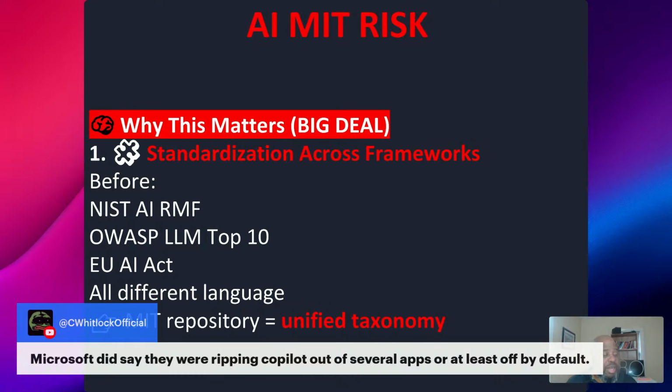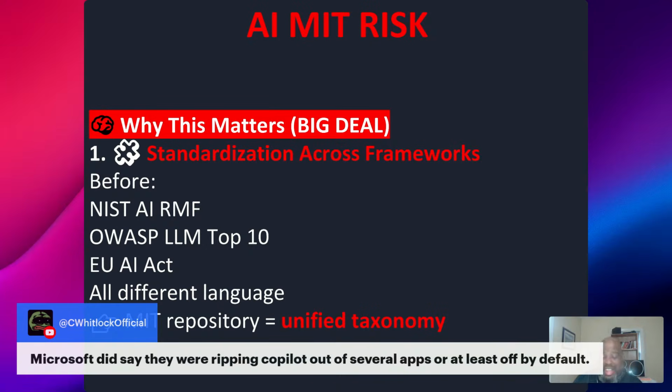Chris Whitlock said Microsoft did say they were ripping Copilot out of several apps, or at least out by default. Yeah, I think a lot of people were pushing to cut it off by default, and I think a lot of people aren't seeing, like you said, the benefits of AI, especially in Copilot. I think some of the particular AI companies, aka everybody's going crazy with Claude and Claude work and the lobster, right?